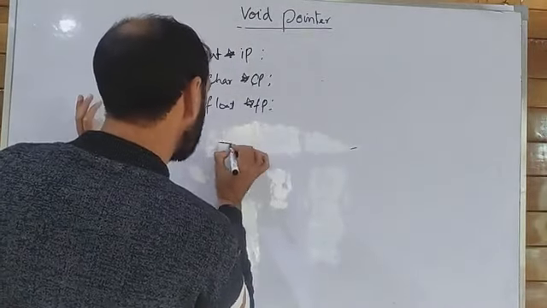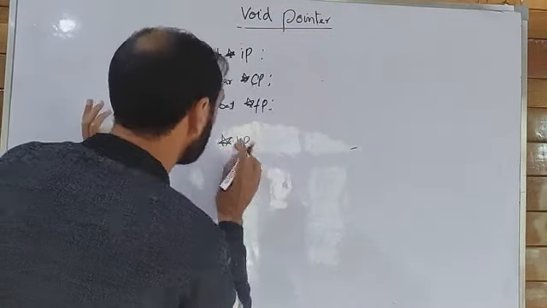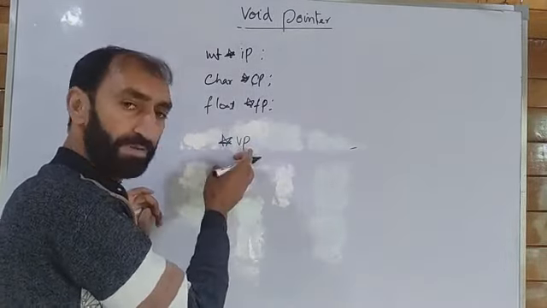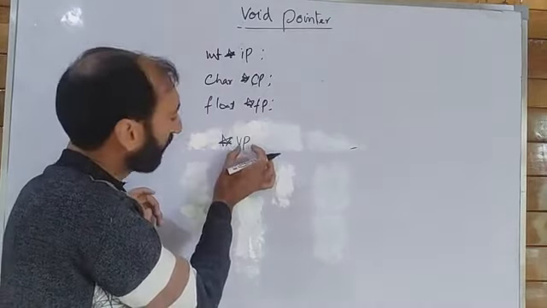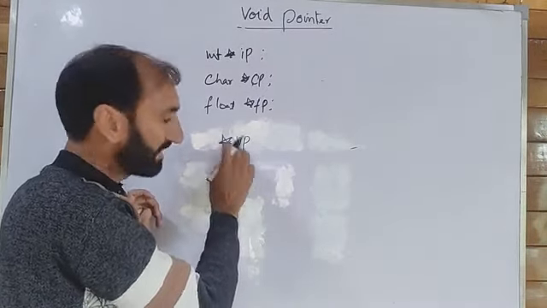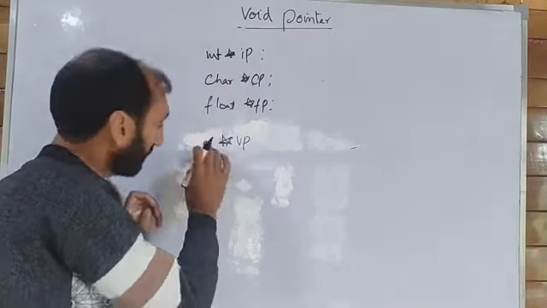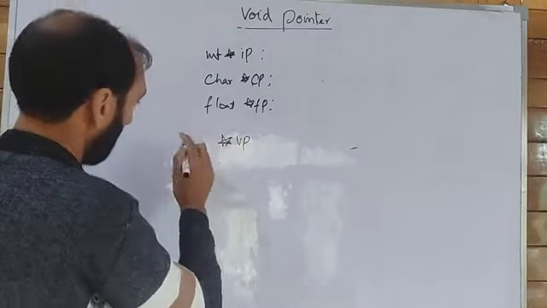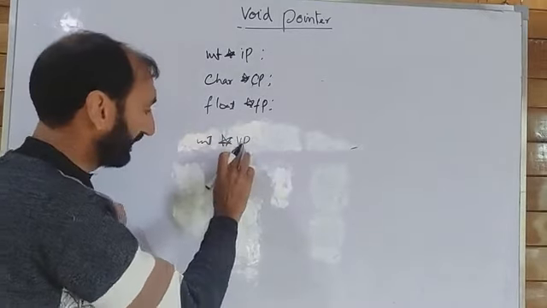For example, void *vp. What is vp? vp is a void pointer. The name of the pointer is vp. This asterisk symbol tells the compiler that vp is a pointer. But which type of pointer? If I put int here, it will become an integer pointer.